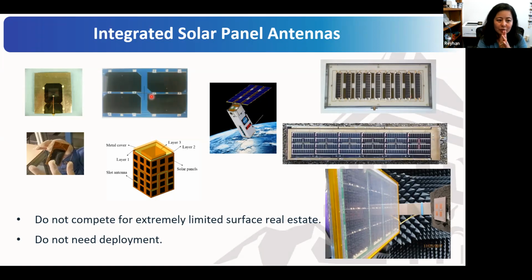So the question here is, can we integrate antennas with solar panels? One, to save space, two, to reduce accidents? And the answer is yes. That's what I will walk you through today, the things that we have done as well as things other groups have done.